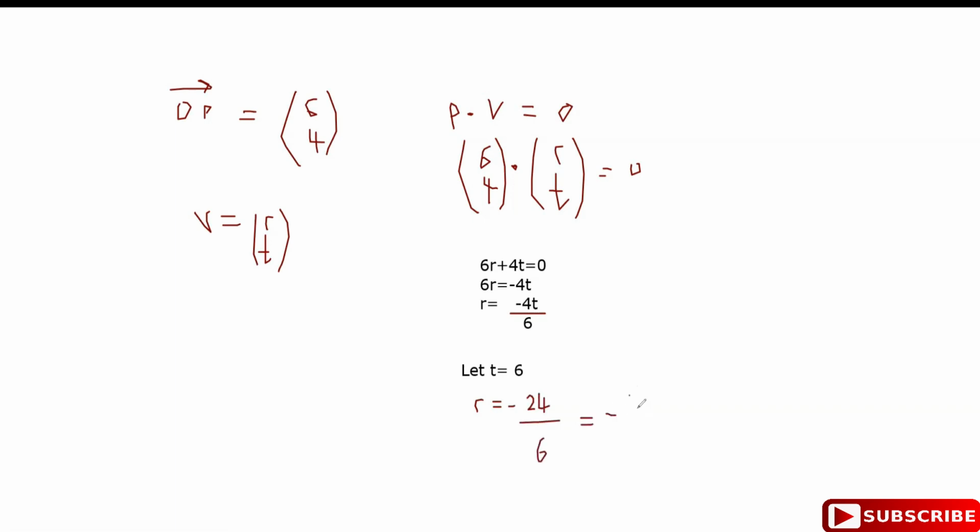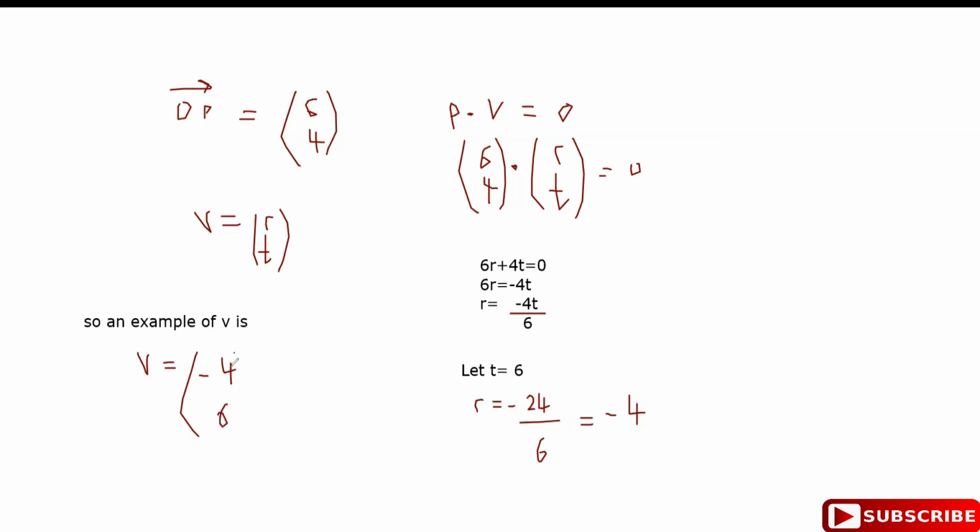So one possibility for V, just an example, is V equal to R, which is negative 4, T, which is 6.